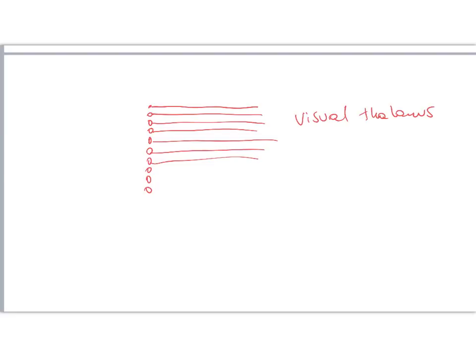The vast majority of your retinal ganglion cell projections will go to the visual thalamus, and these neurons in the visual thalamus will then project to the visual cortex.